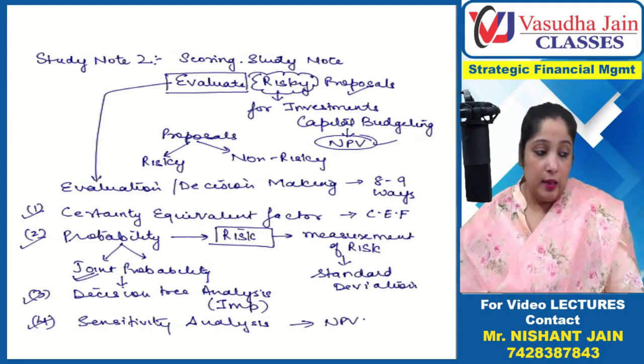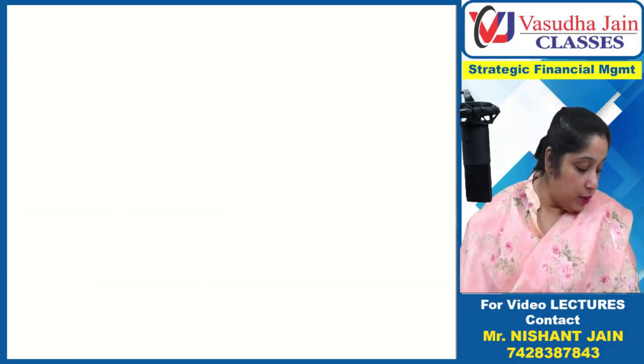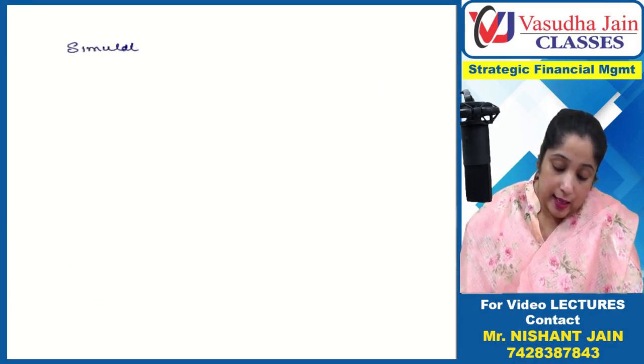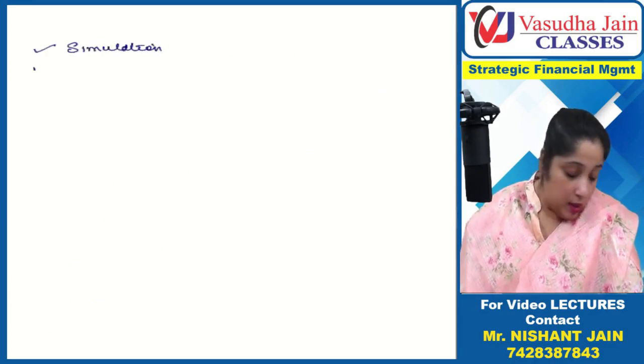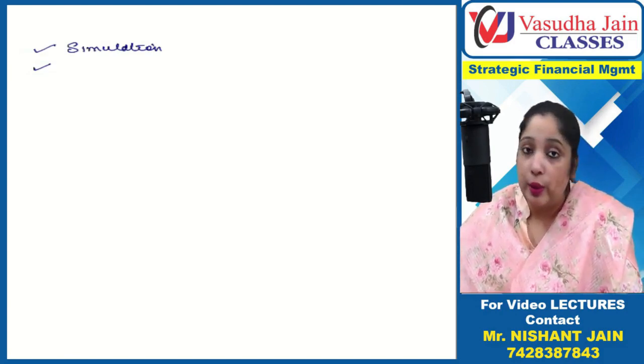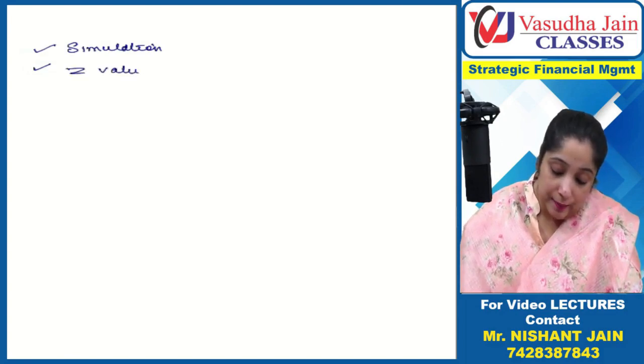The next concept, after sensitivity analysis, is simulation. You must have done the simulation concept at inter level also, but we are going to do it again. Then we are going to do the Z value concept.